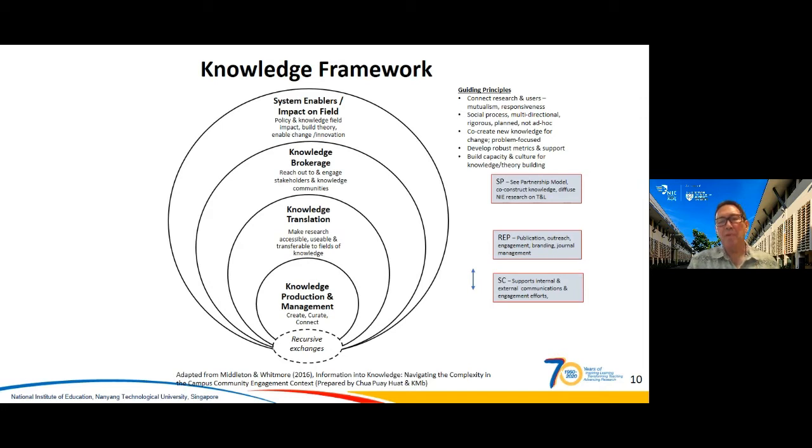But if we move up, we see that knowledge translation is again focused on making it accessible and usable. And then knowledge brokerage is this sort of engagement and connection between different stakeholders and researchers. And we think that this can really enable the system when we focus on knowledge and the ways that it can be used to build knowledge and build theory and so on.